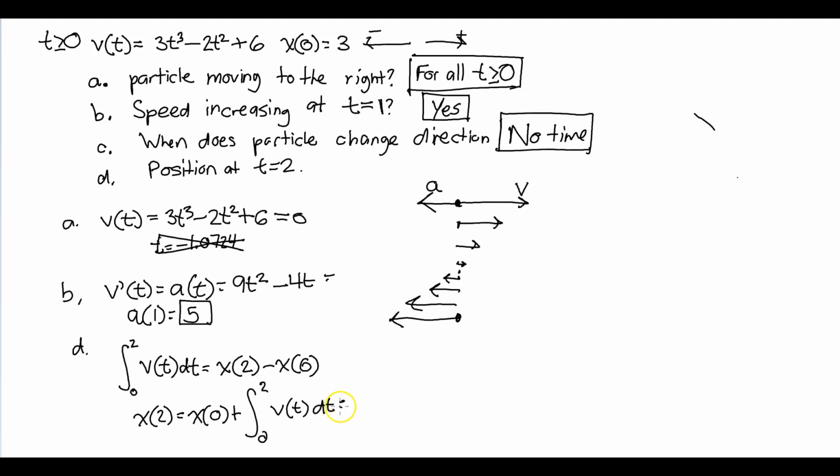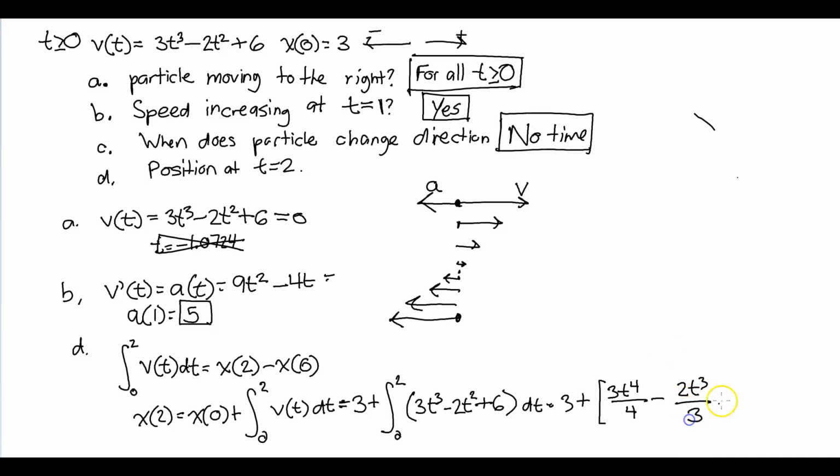Because x of 0 is equal to 3, they give us this information. They give us velocity as a function of time. This becomes a kind of easy integral. So we have 3 plus 3t to the 4th over 4 minus 2t cubed over 3 plus 6t.